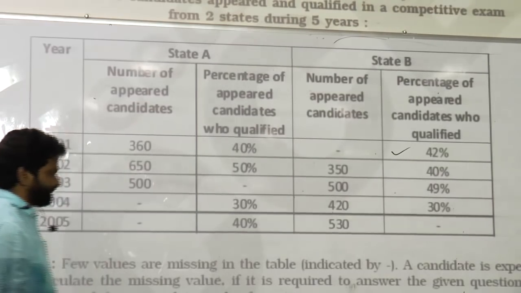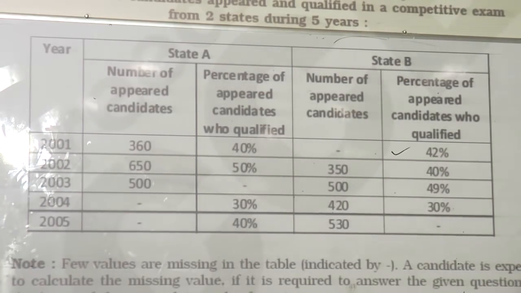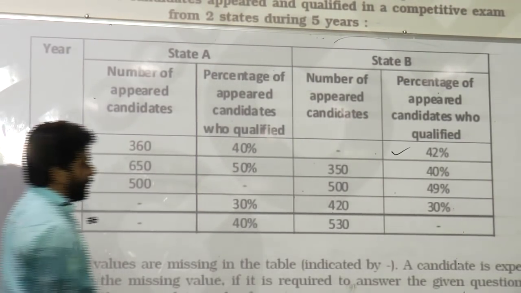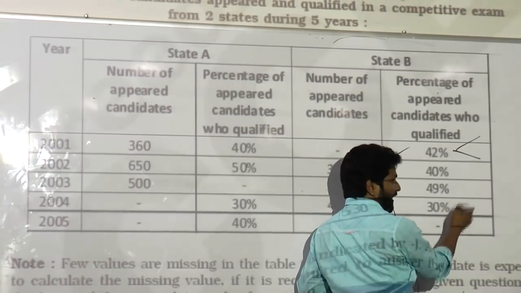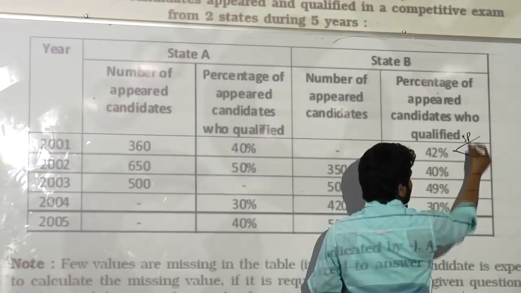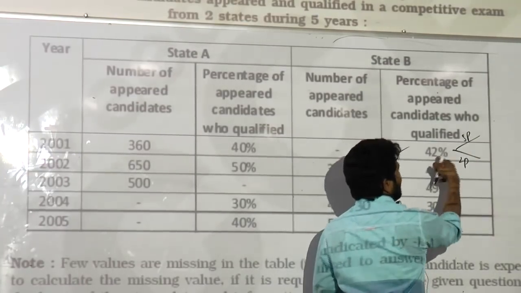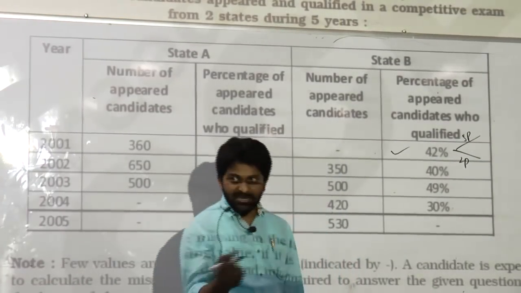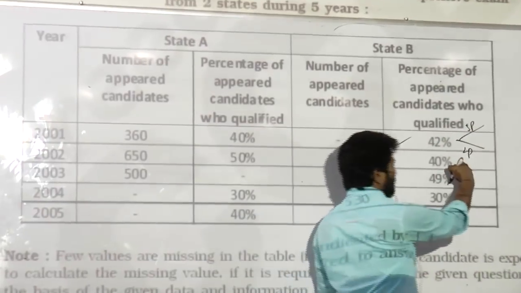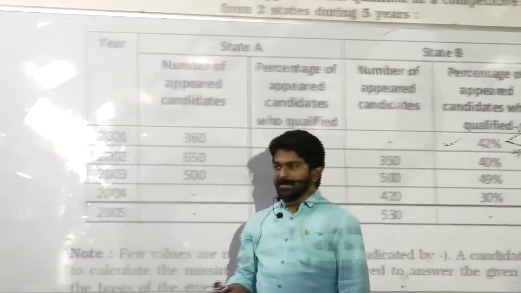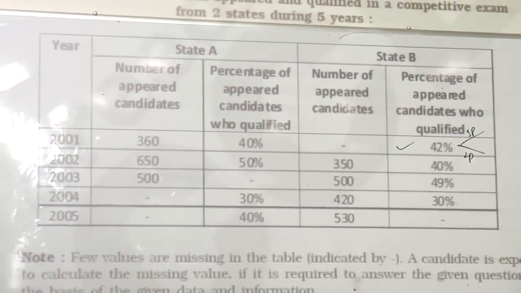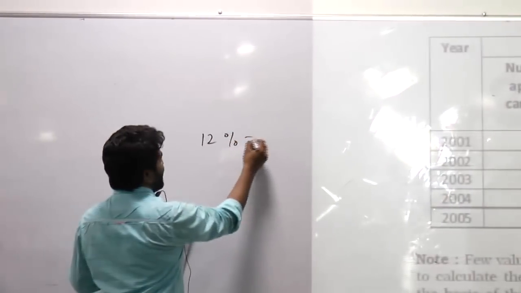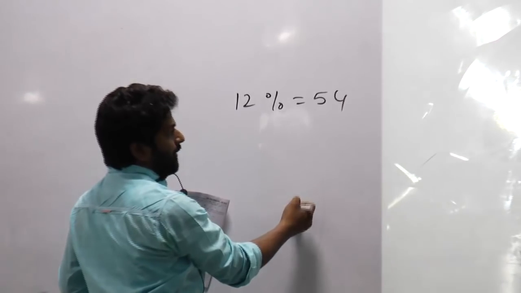How many parts you have? Total 7 parts. Because 42% is divided into 5:2 ratio, male and female. So 5 parts and then 2 parts, total 7 parts. 7 parts is 42. 7 6 times is 42. Female are 2 parts, in the sense 12%. So 12% is given as 54.